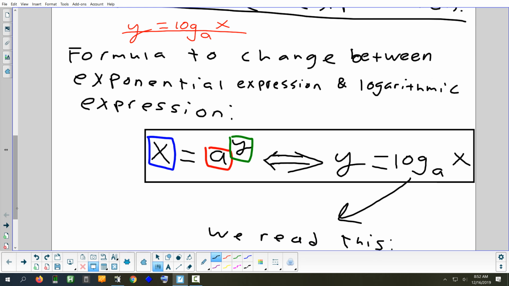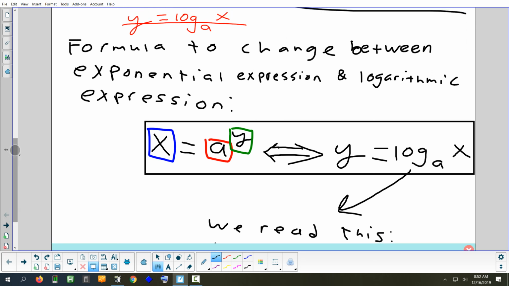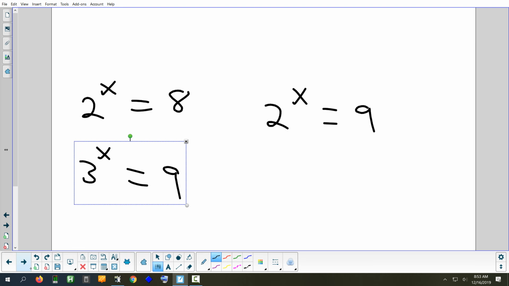All right. Next thing you want to remember. Logs always equal exponents. That's what a logarithm does. It enables you to find an exponent. Like in any of these problems, solve for the exponent.